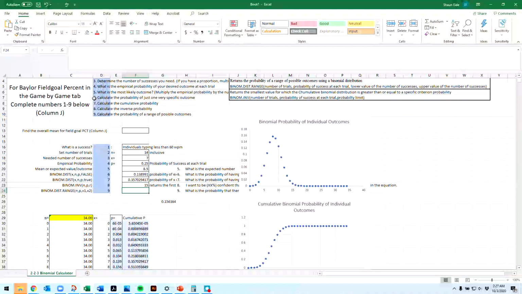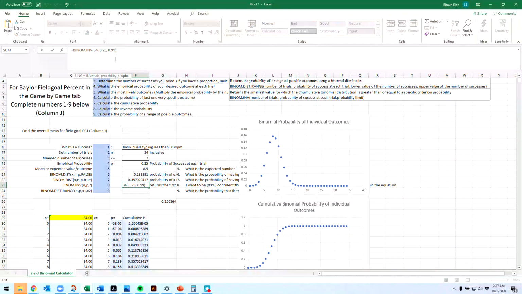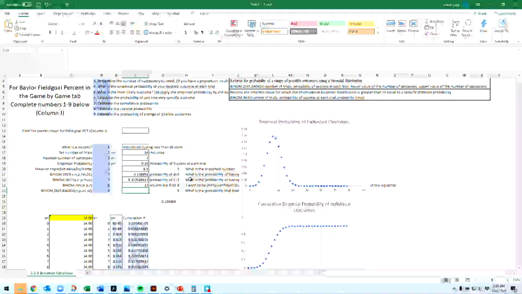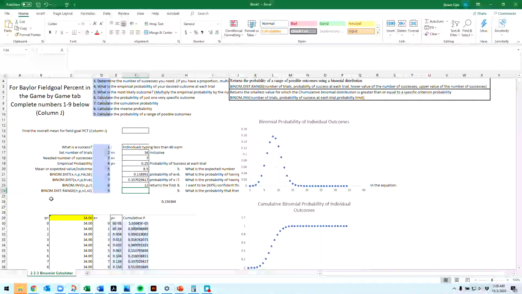Or if I were to change it, instead of 0.99, I could change it to 0.90. I am 90% confident that it's going to be 12 or less. That is basically how that's set up. You put in the probability, saying I want to be this percent confident that it's going to be this value or less. And last but not least, we've got the BINOM.DIST.RANGE.